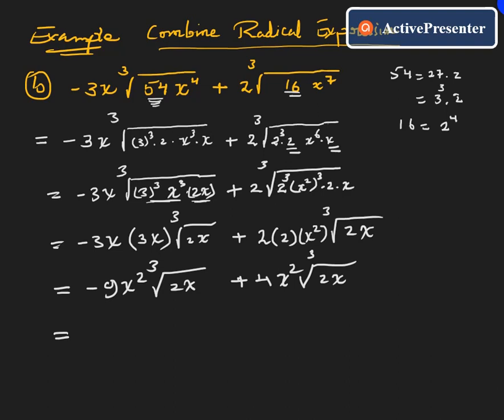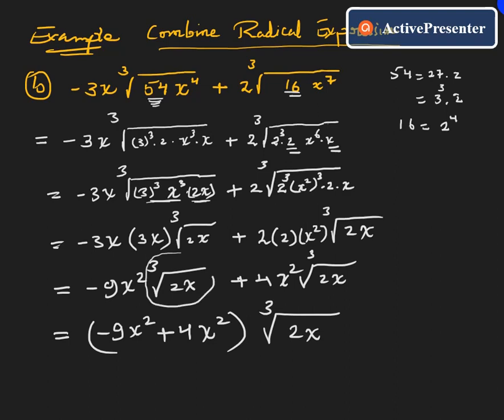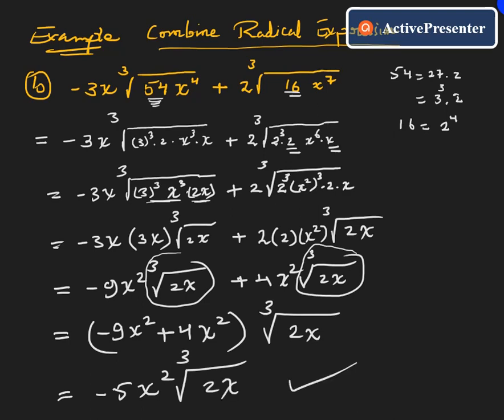So using the distributive property, this is equal to minus 9x squared plus 4x squared multiplied into the cubic root of 2x, because we have like radicals. So this is equal to minus 5x squared multiplied in the cube root of 2x, and we are done.